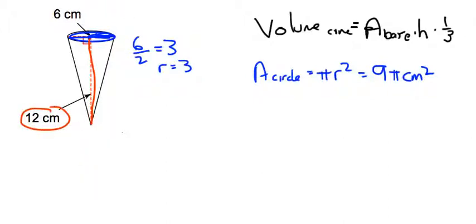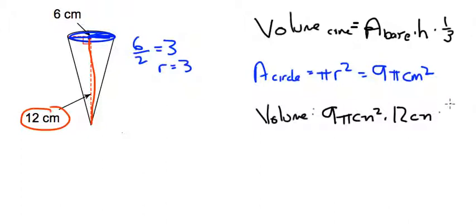So to find my volume now, my volume is simply going to be, as I said, the area of the base, which is 9 pi centimeters squared, times the height, 12 centimeters, and I got to take that whole thing and multiply by 1/3.